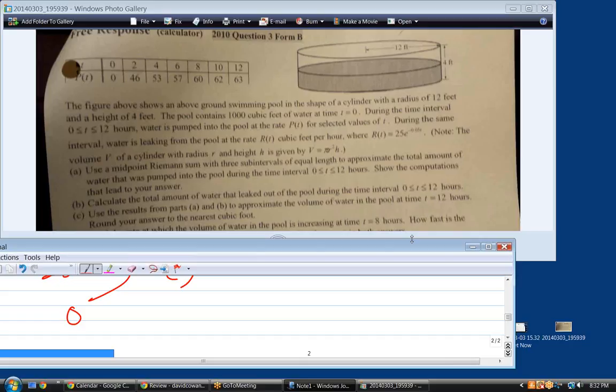P of t is the formula. Water is pumped into the pool at those varying rates, so P of t changes. Water leaks out at a constant rate, or a rate defined completely by this function. Okay.